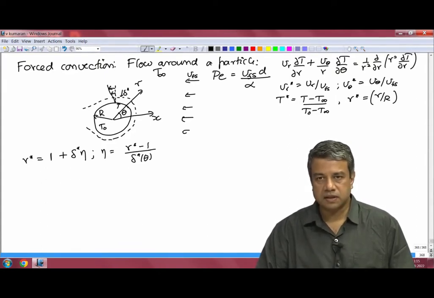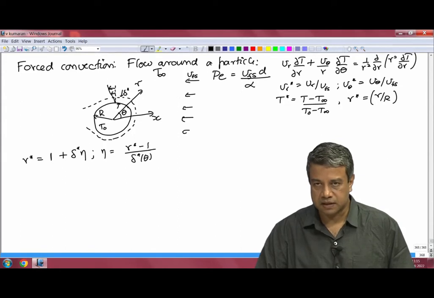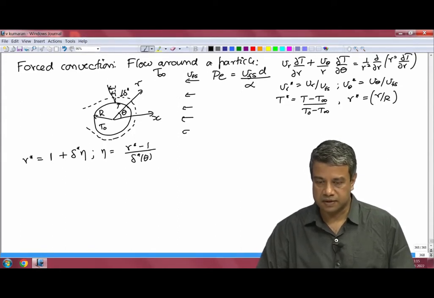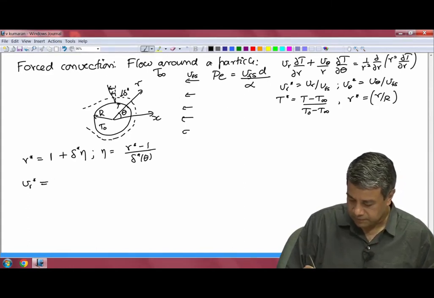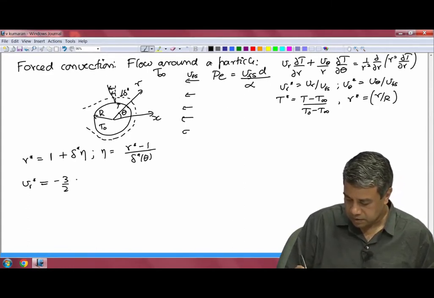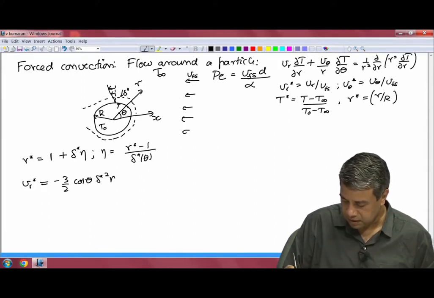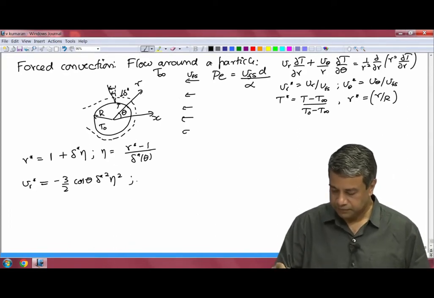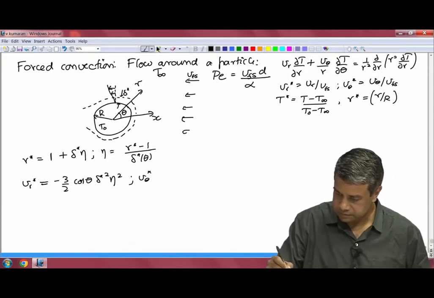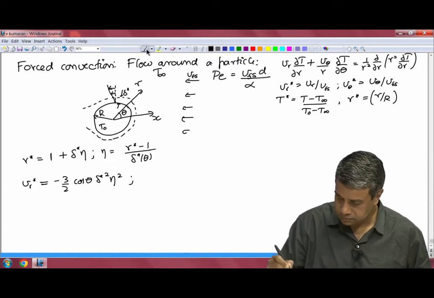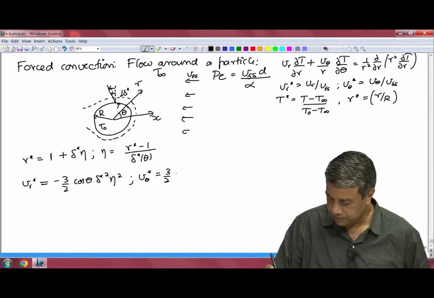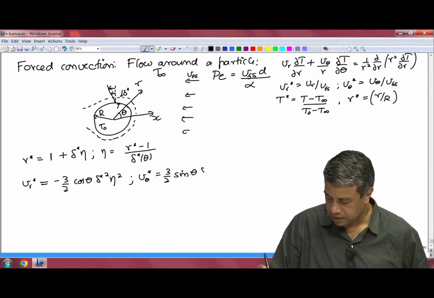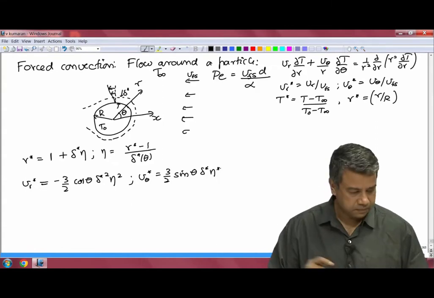We had substituted this into the expression for the velocity, and we had got the scaled velocity as Vr star is equal to minus 3 by 2 cos theta delta star square eta square, and V theta star is equal to (3 by 2) sin theta delta star eta star.